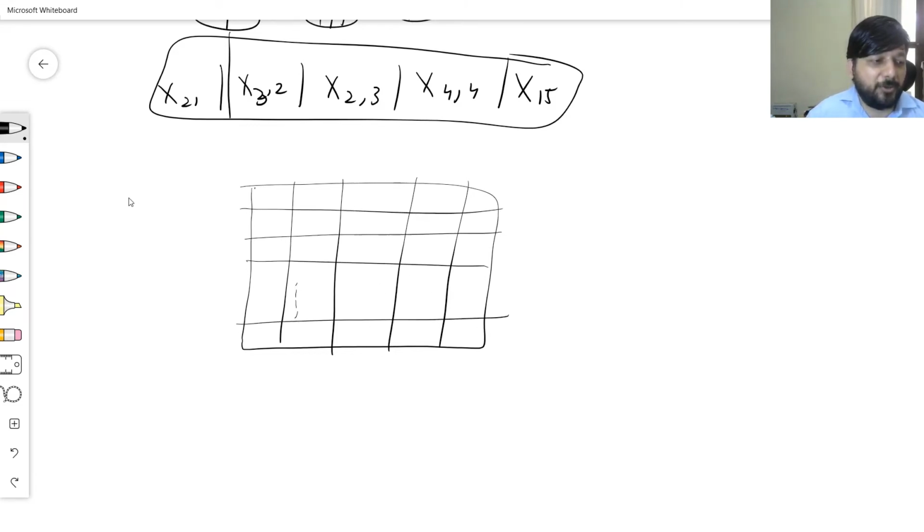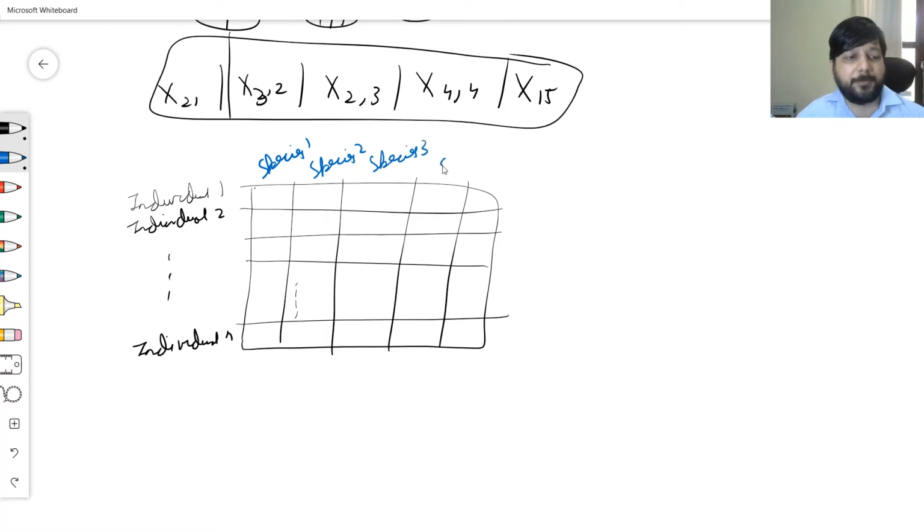So that's individual 1, that's individual 2, all the way up to individual n. And it's combinatorial optimization, so this represents species 1, species 2, species 3, species 4, and species 5.